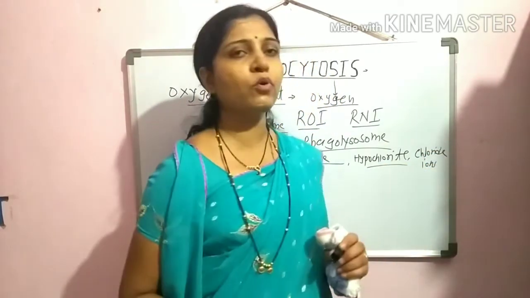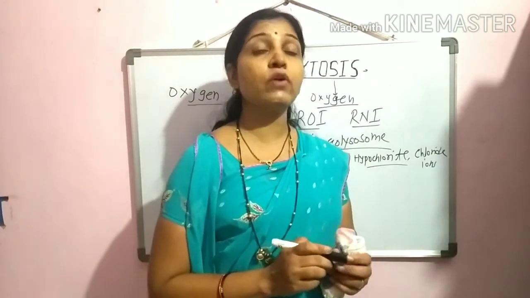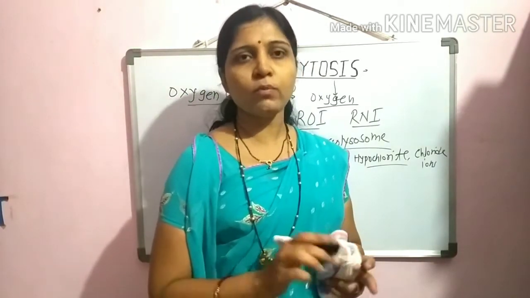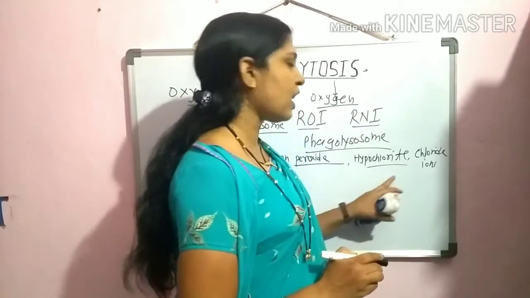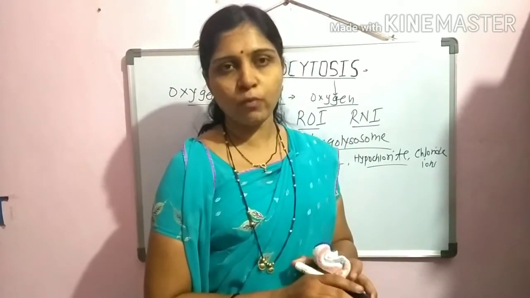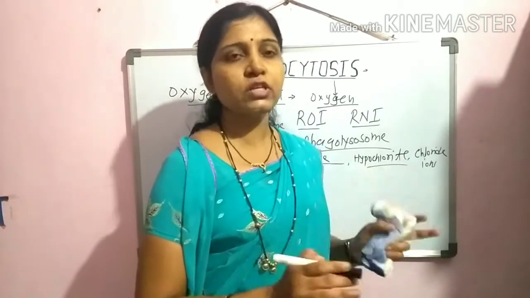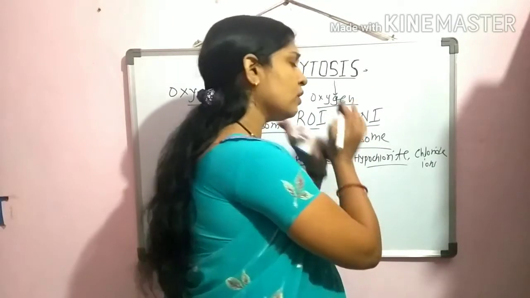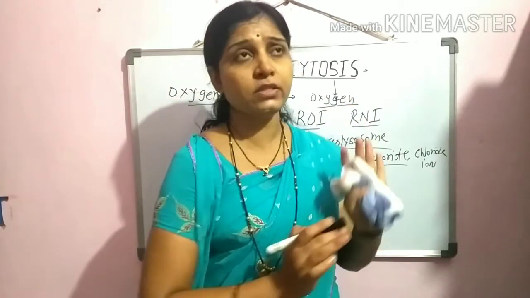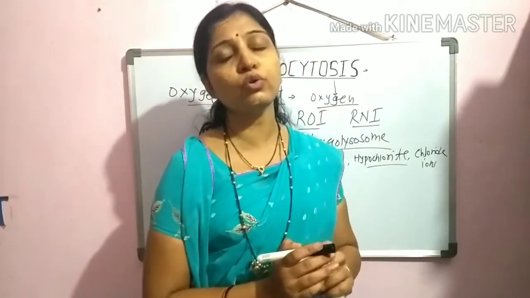We know that these hypochlorite and chloride ions are also antimicrobial in nature. In homemade bleach, hypochlorites are used for the purification of water, that is, to remove the water microflora. So it is also highly antimicrobial. Such reactive oxygen intermediates are formed due to the activation of these two enzymes.